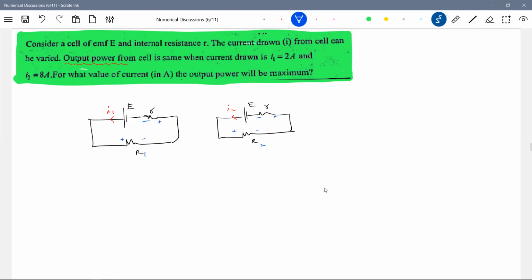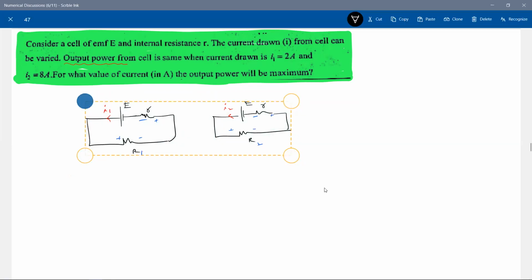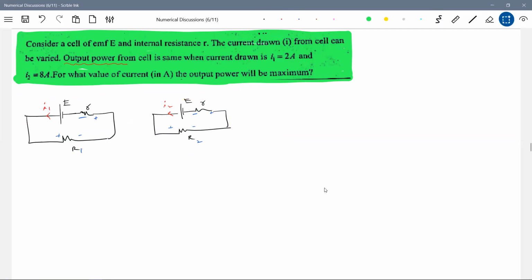Let me write the loop equation. So this will become E minus I1 R1 minus I1 R equal to 0. Looking at this circuit, E minus I2 R2 minus I2 R equals 0.